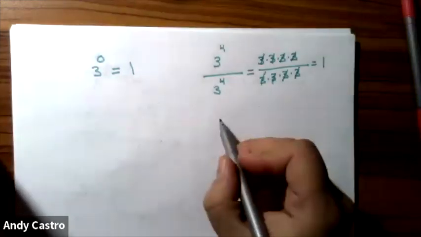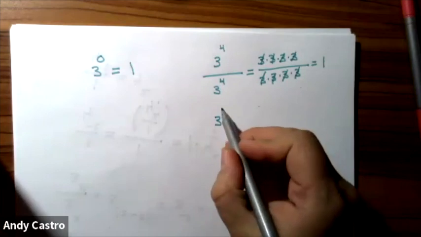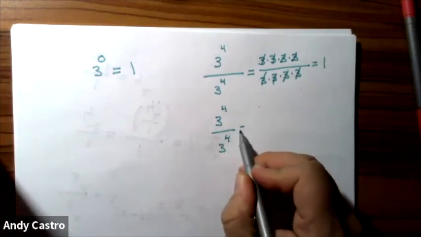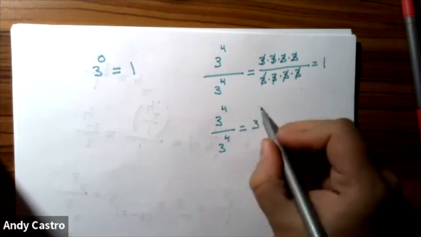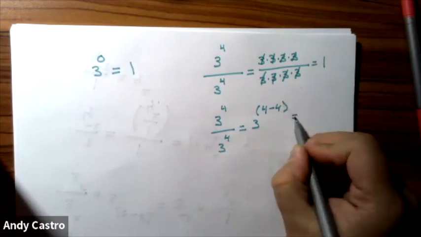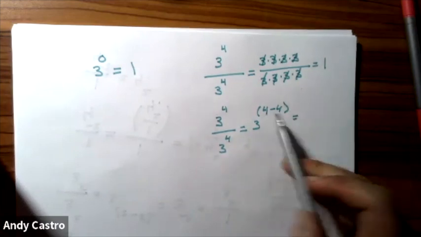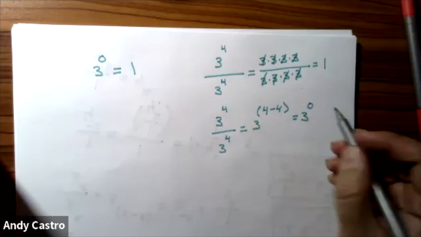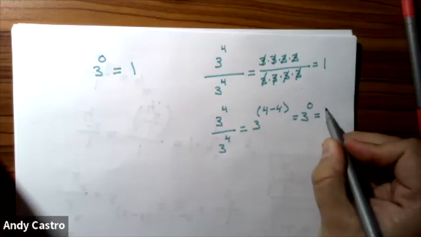So in that case, we can do 3 to the 4 over 3 to the 4 is equal to 3 to the 4 minus 4. 4 minus 4 is 0. 3 to the 0 power yields the number 1.